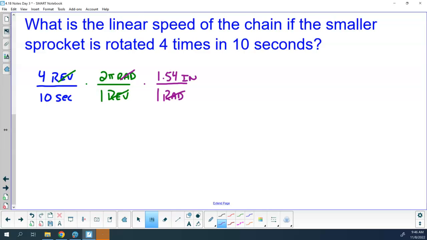So now I get that it is moving at approximately 3.870 inches per second. Good time.